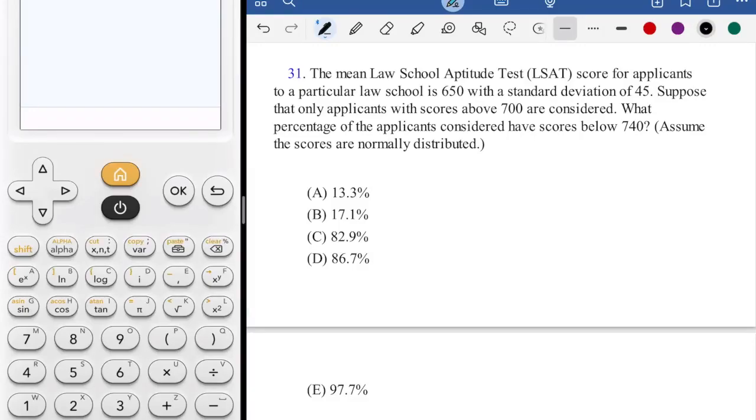All right, so we're looking at LSAT scores for applicants to a particular law school. They tell us that the mean is 650 with a standard deviation of 45. Suppose that only applicants with scores above 700 are considered.